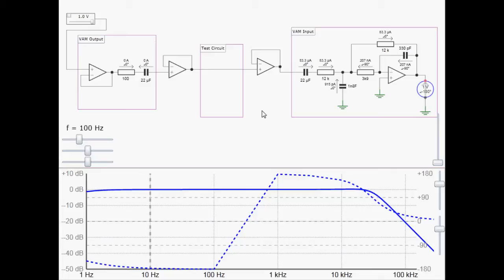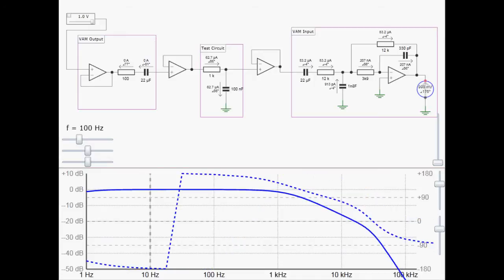What do we do about that? Well, the solution is fairly simple. It's called calibration. We first take a reading with a wire in place of our test circuit, and we remember what all the readings are for all the frequencies that we measure. Then we put our test circuit in, and we take another reading.